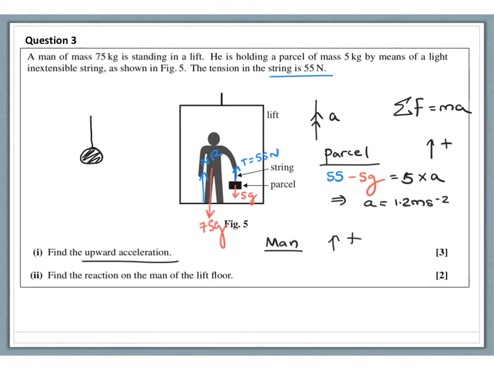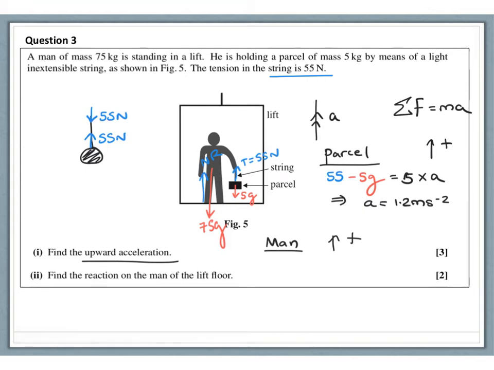There is a tension force acting on the parcel upwards, 55 newtons. There must be an equal and opposite force of 55 newtons, essentially acting downwards like this in the man's hand, helping to produce that tension that keeps the parcel in the air on the end of the string.